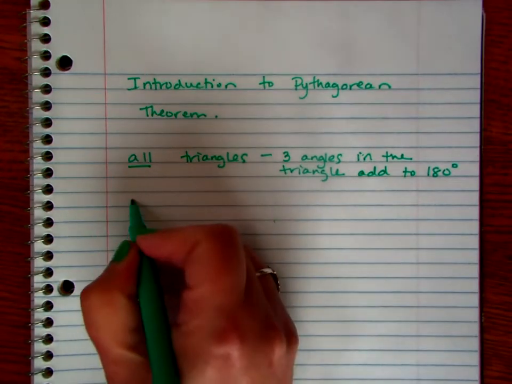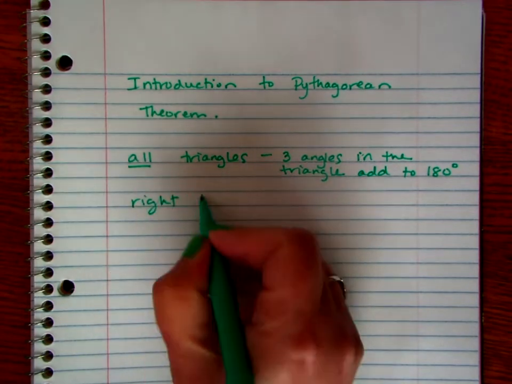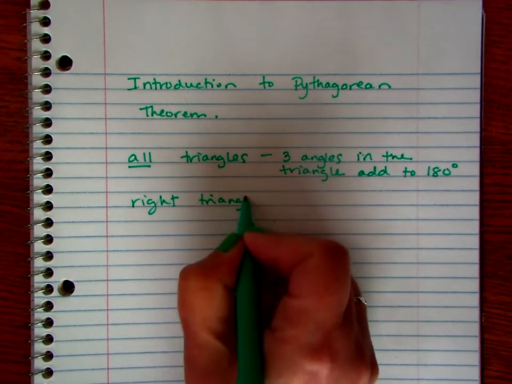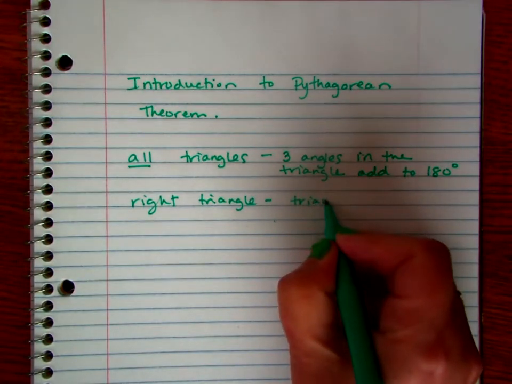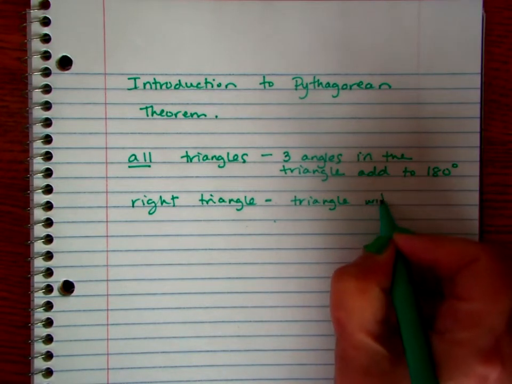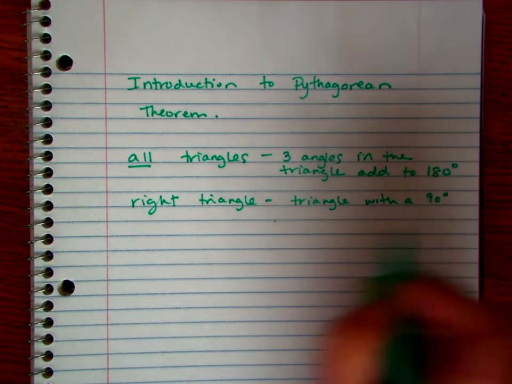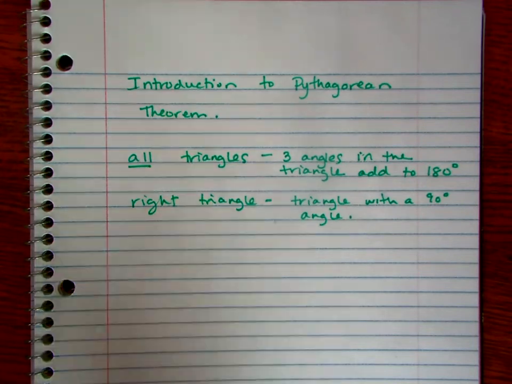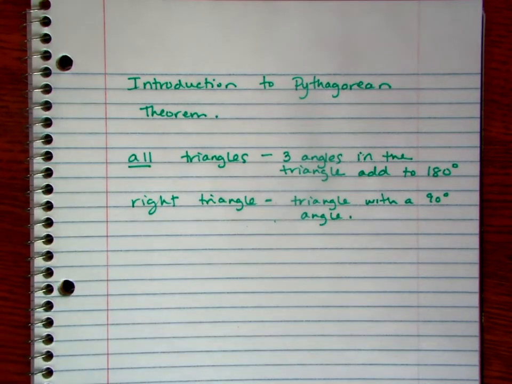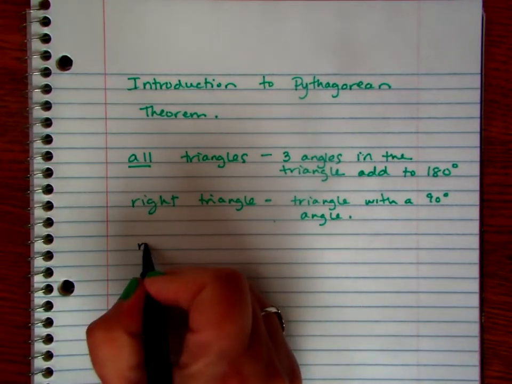Okay, but in a right triangle, this is a triangle with a 90-degree angle. Now, specifically, the Pythagorean theorem is only for right triangles. So let's look at a right triangle here. So here's an example. Here's a right triangle.